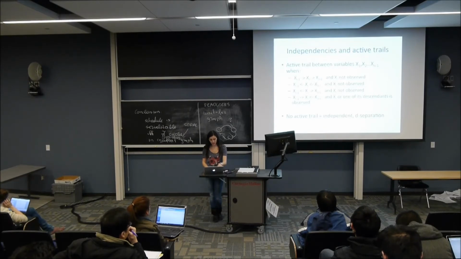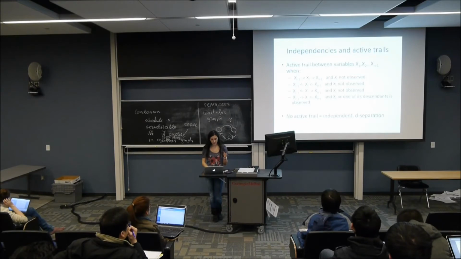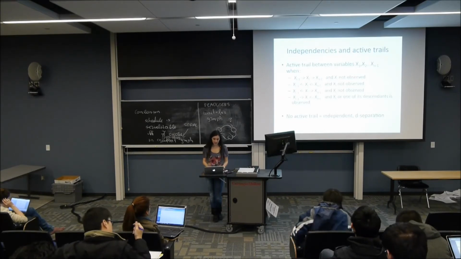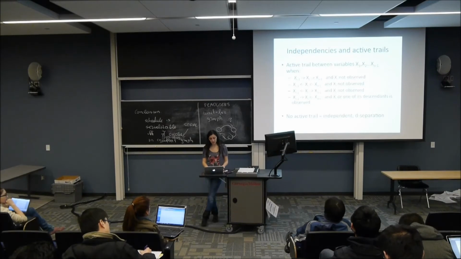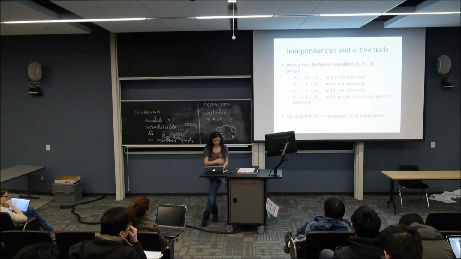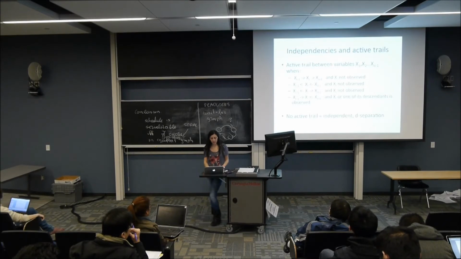If all the arrows are pointing to the right, and X_i in the middle is not observed, then there's a dependency. There's an active trail. If we have the arrows pointing in the other direction and the middle node is not observed, we also have a dependency. And if the middle node is a common cause and X_i is not observed.